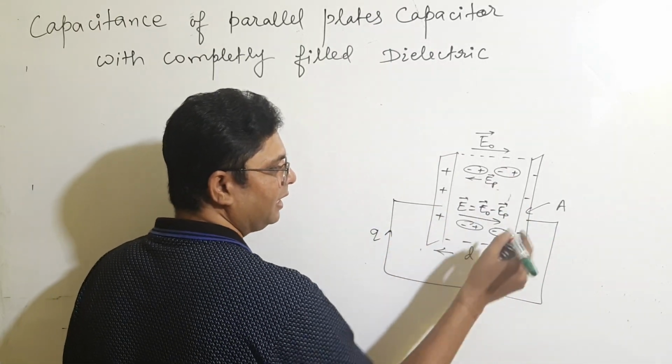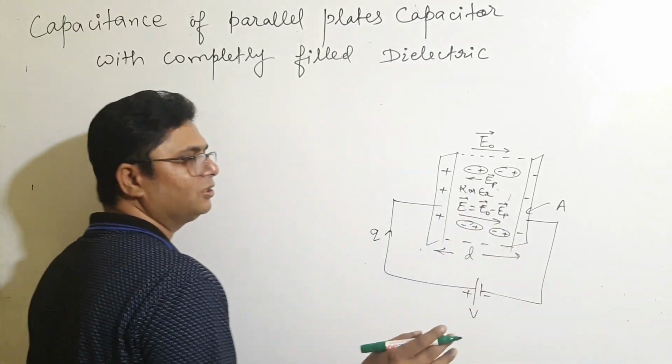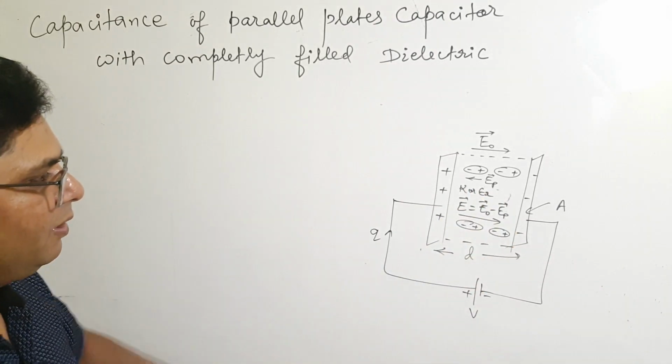Here the mica sheet's dielectric constant is K or epsilon R. Now what will happen here?